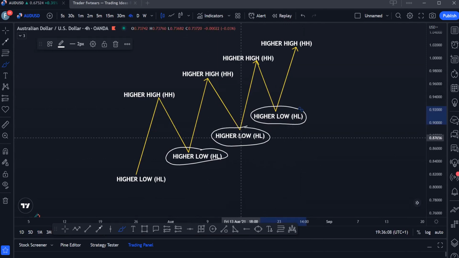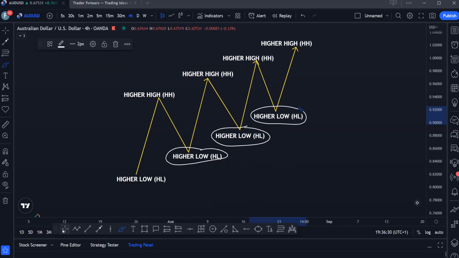Okay, so that is why we are first of all spotting the market structure, identifying the trend of the market. It is because you want to know the direction in which you should be trading. If price is in an uptrend, you want to be looking for buy opportunities, right?